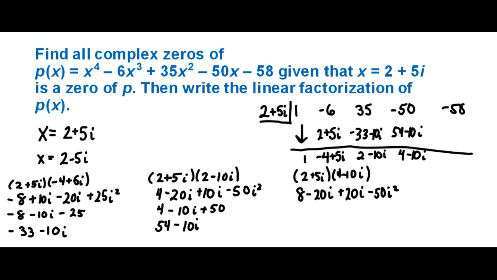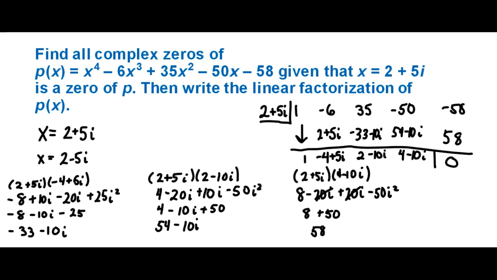So as you can see, the inner terms cancel out. We have 8 plus 50 essentially, which is positive 58, exactly what we want to see, because negative 58 and positive 58 gives me a remainder of 0, telling me that 2 plus 5i is indeed a zero.